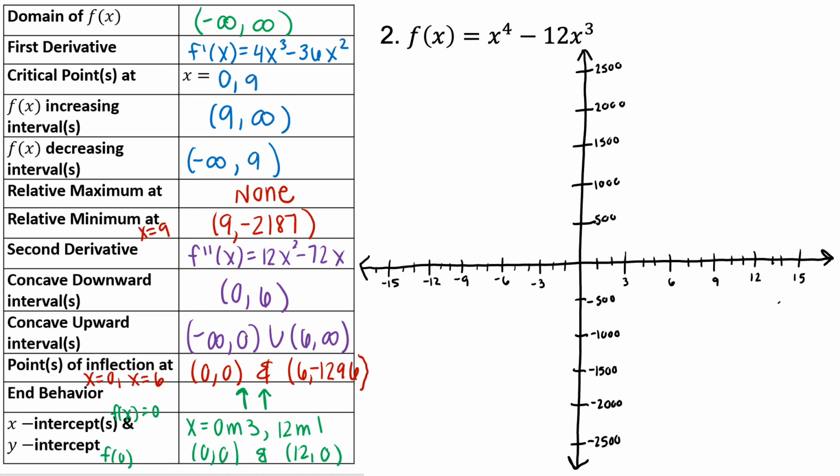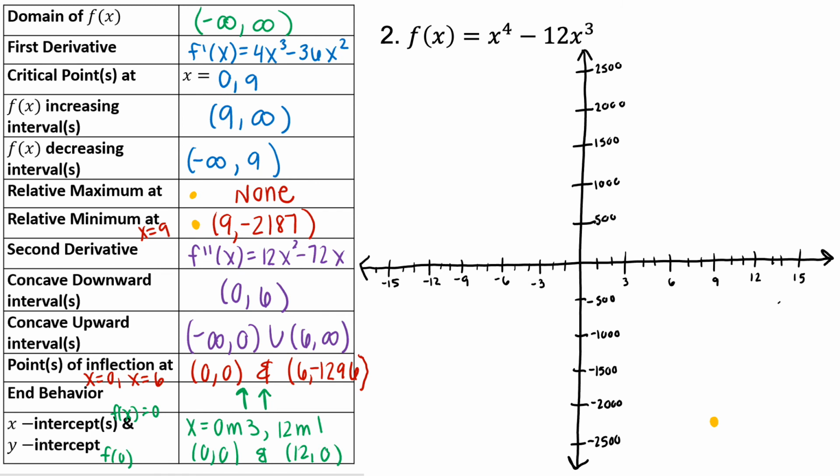Once you've done that, we're going to start just like we did in the last one, and we're going to identify points that are actually on our function. So we don't have a relative maximum this time, but we do have a minimum at the point 9, negative 2,187. So I'm obviously going to have to estimate a little bit, going over to 9 and down to a little bit below 2,000, adding my point.